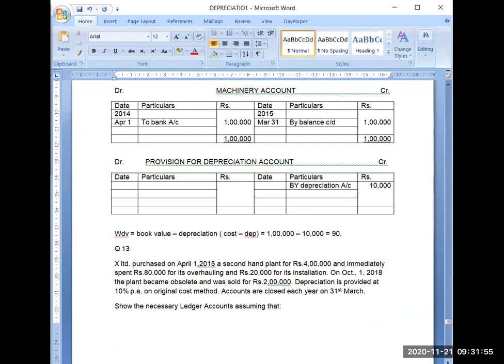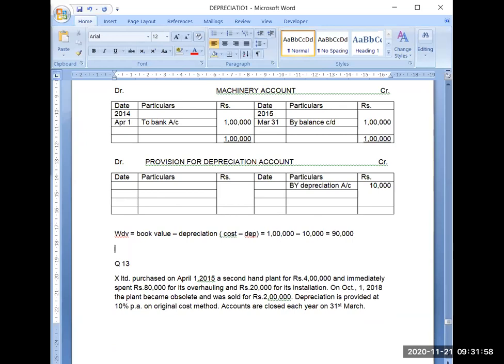The written down value will be 90,000. But the balance in machinery account is how much? That is actually 1 lakh.